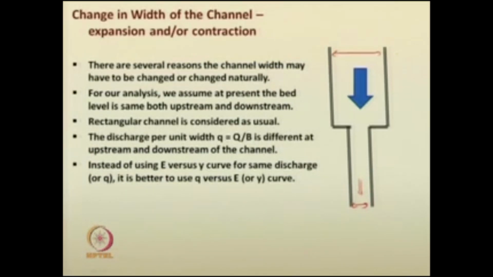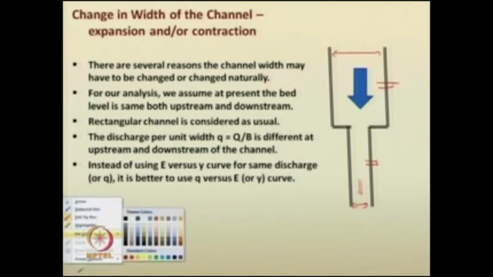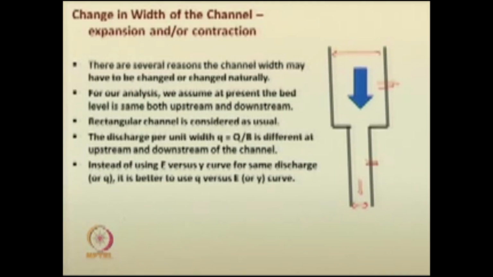For our analysis, let us assume that the bed level is the same at both the upstream section as well as the downstream section. The bed elevation is the same. Again we are considering a rectangular channel, here also a rectangular section.